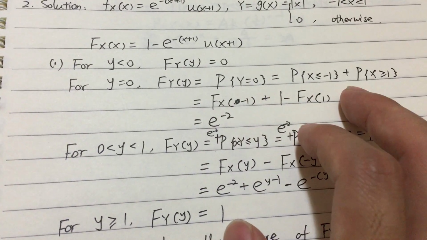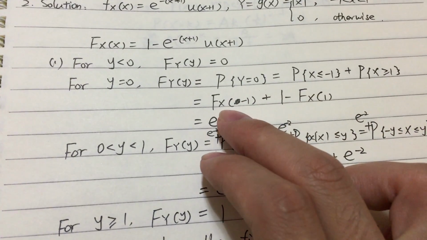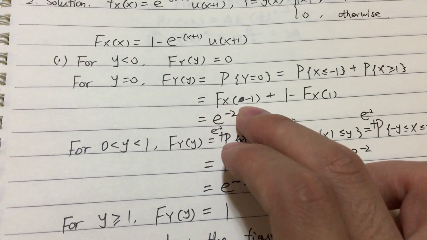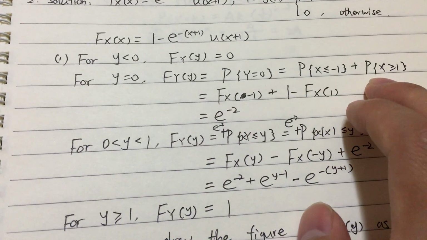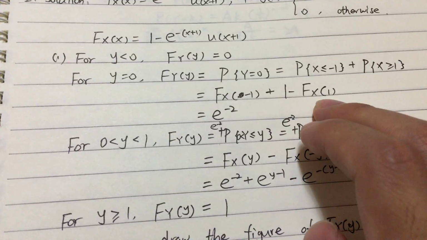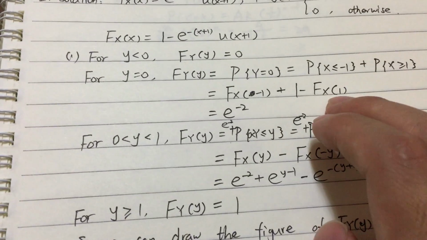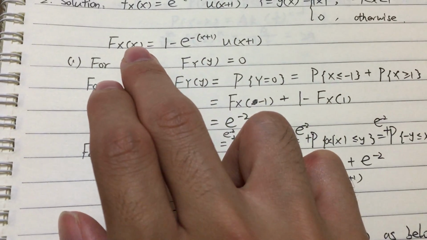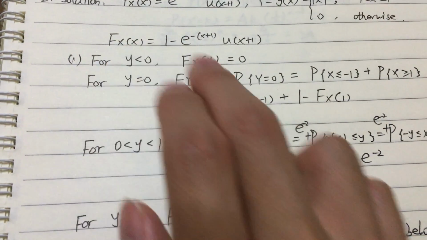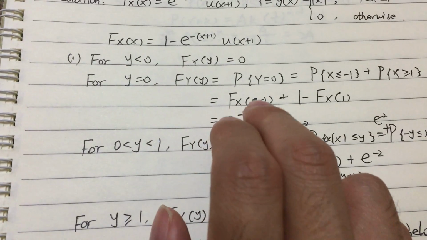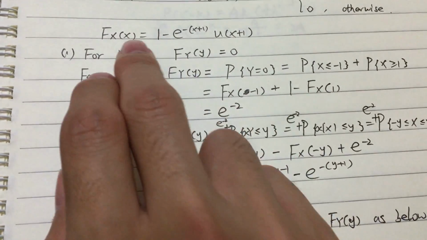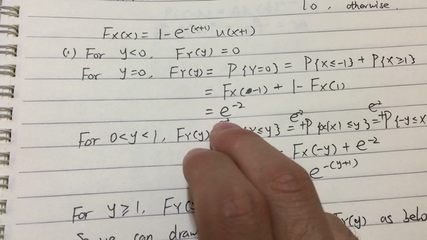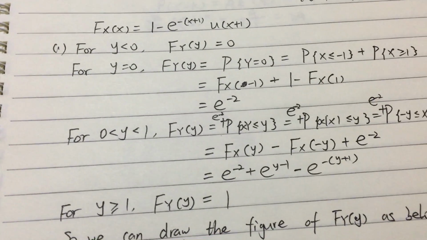From these two parts we can find that this part equals big Fx(-1), and this part is equal to 1 minus big Fx(1). And we have just written down the function of big Fx. So we just put -1 and 1 into this function and solve out that big Fy at y equal to 0 is e^(-2).